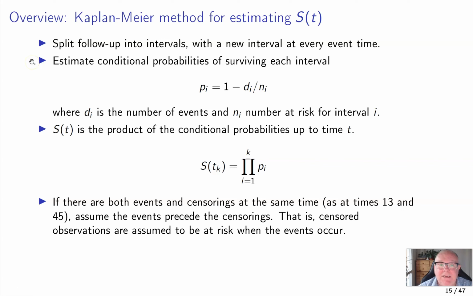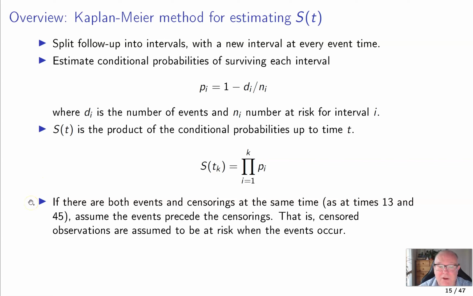Then we estimate the conditional probabilities of surviving each small interval, and that's just 1 minus the proportion who die during the interval. And typically, there will only be, say, 1 person who dies at each event time. Then we take the product of the conditional probabilities.